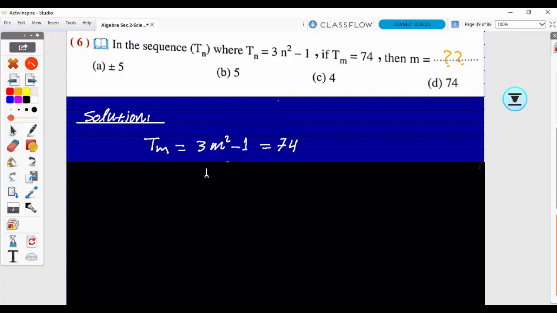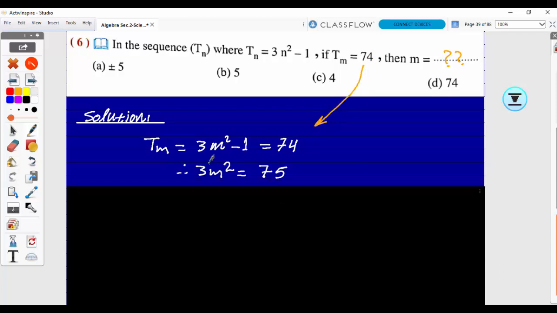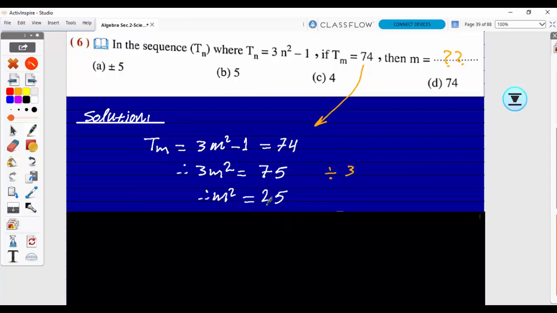It is equal to 74 from the given. So 3m squared equals 74 plus 1, which equals 75. Dividing both sides by 3, we get m squared equals 25.